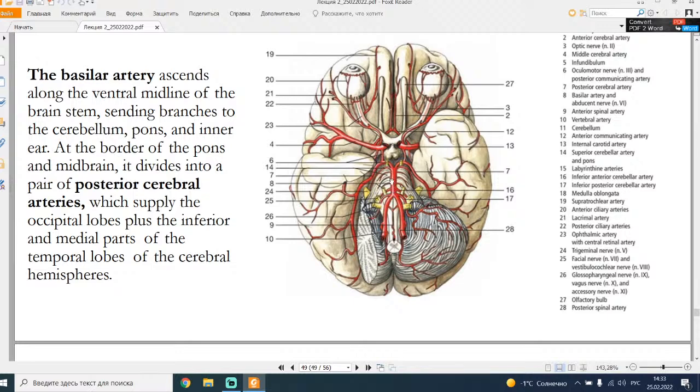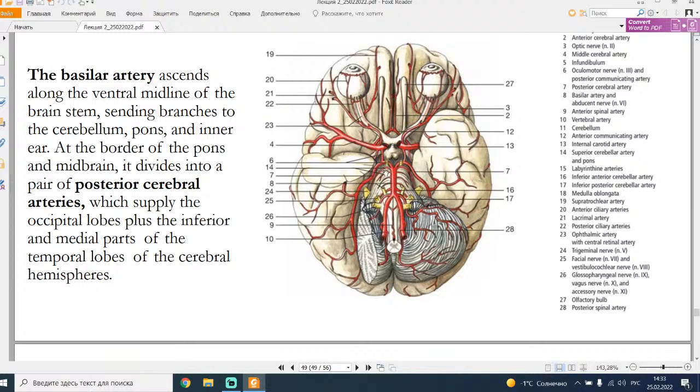Ascending along the ventral midline of the brain stem, sending branches to the cerebellum, pons, and at the level of the pons and midbrain, it divides into a pair of posterior cerebral arteries, which supply the occipital lobe plus the inferior and medial parts of the temporal lobes of the cerebral hemisphere.